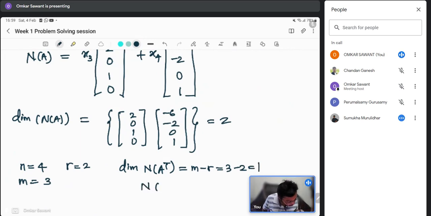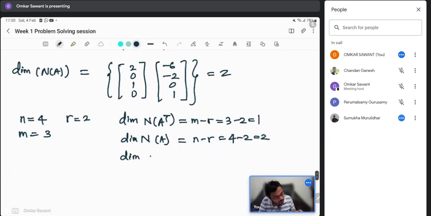What is it for the null space of A? 2, sir. What will be for the column space of A transpose? 2, sir. And for the column space of A? Same, 2, I guess, sir.